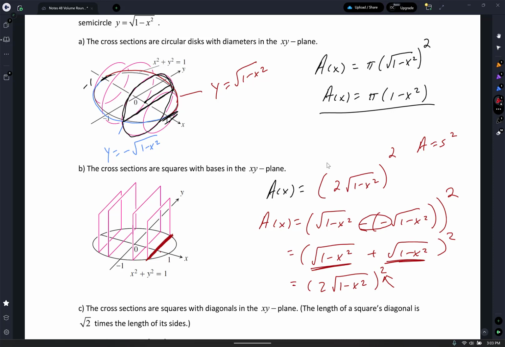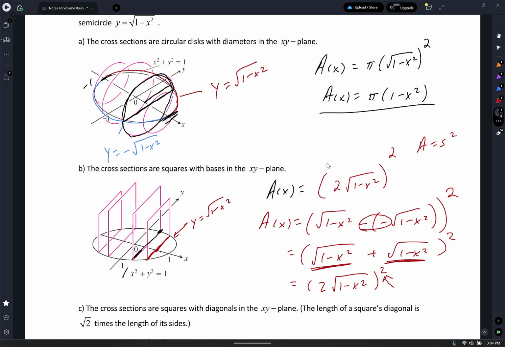Which one do you like more? It doesn't matter as long as you use logic. Some people like the distance between the x-axis and the top of that curve, since the top of that curve is square root of 1 minus x squared. Like, I know that. So if it's symmetric, the other half must be that times 2. Some people like to say, the top of that curve is square root of 1 minus x squared.